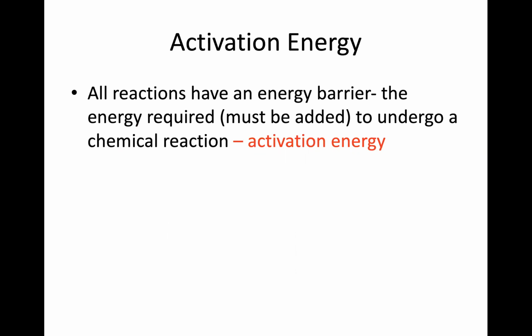This activation energy is the energy that's required for this reaction to take place. It's sort of the energy barrier or threshold that must be met. All reactions are going to have this energy barrier or threshold that is required in order for the chemical reaction to take place. That is called the activation energy.